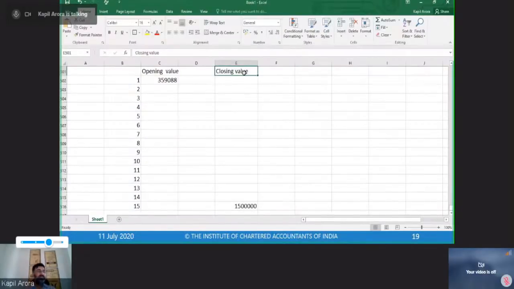This is only 3,59,000. Anybody, please? Anybody who can tell me that how to make this 15 lakh from 3,59,088. How we are going to do that?